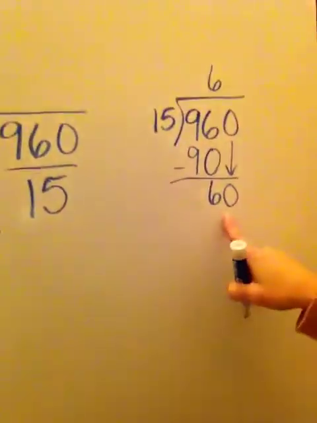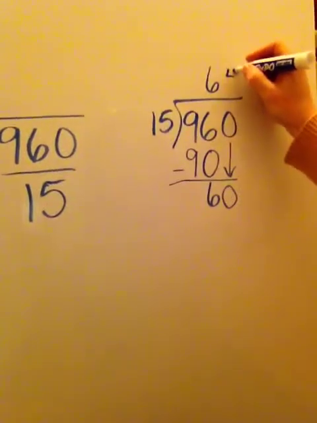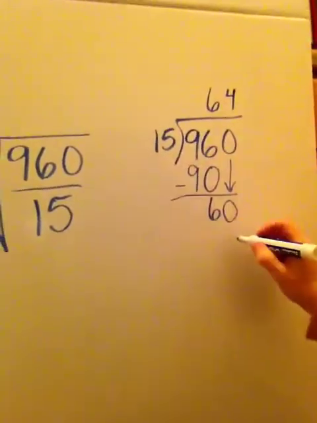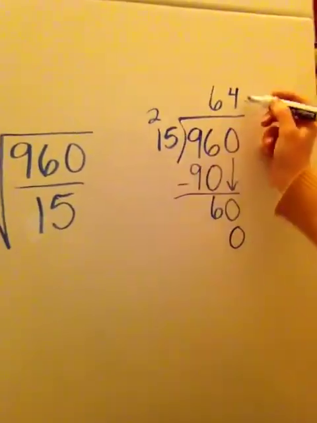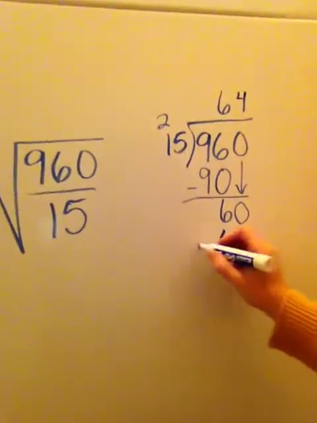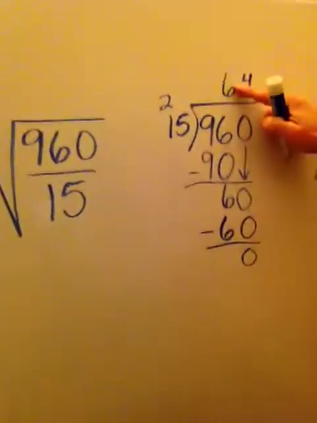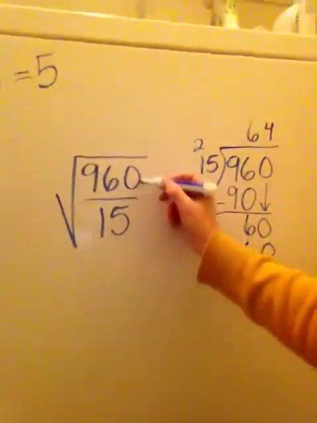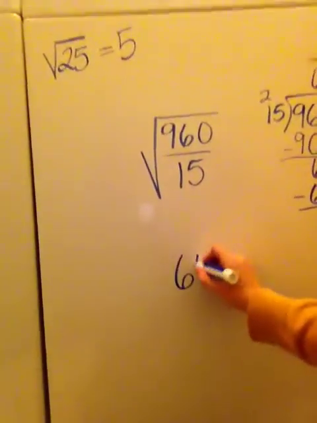How many times will 15 go into 60? We just talked about that. It goes 4 times. 4 times 5 is 20. Carry your 2. 4 times 1 is 4, plus 2 makes 6. Subtract. And you're done, because there's nothing else to bring down. So 960 divided by 15 is 64.